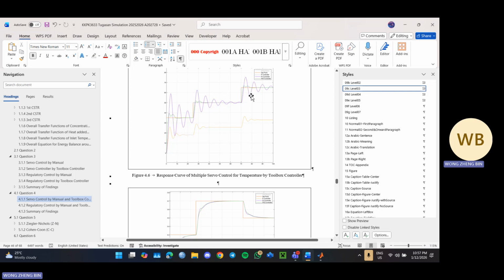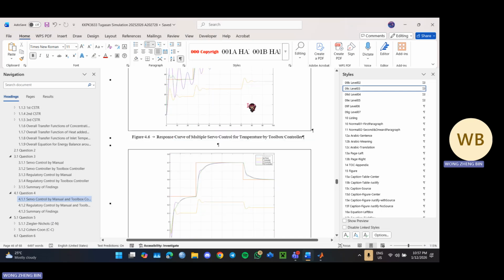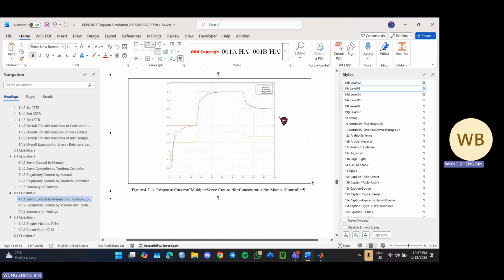And this is by using toolbox. For toolbox, the oscillation for the PI controller is quite bigger. And this is concentration control for manual at servo. So basically PI and PID settle back to the steady state, and P has the offset.